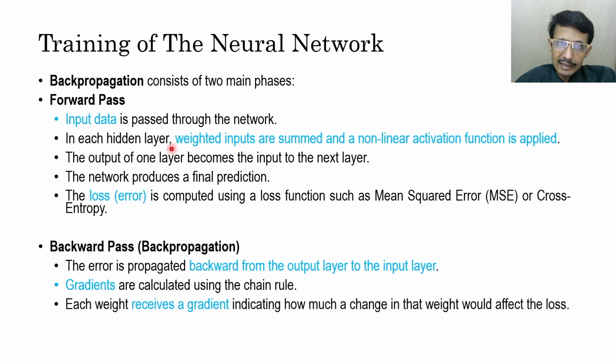In each hidden layer, as we discussed earlier, the weighted inputs are summed and a nonlinear activation function is applied. That we also know very well. Then the output of one layer becomes the input to the next layer, and in this way the inputs are propagated in the forward direction.